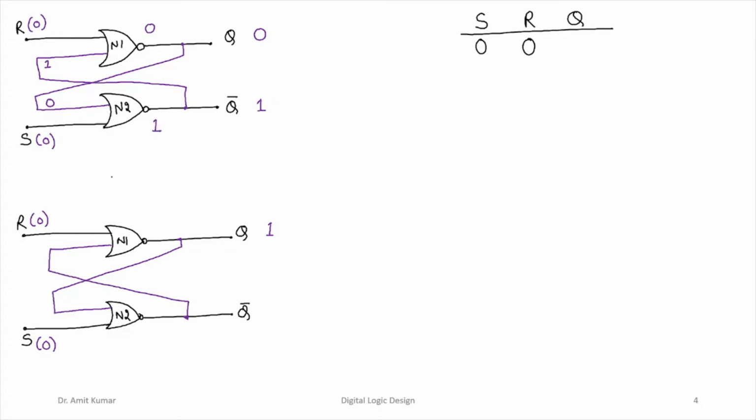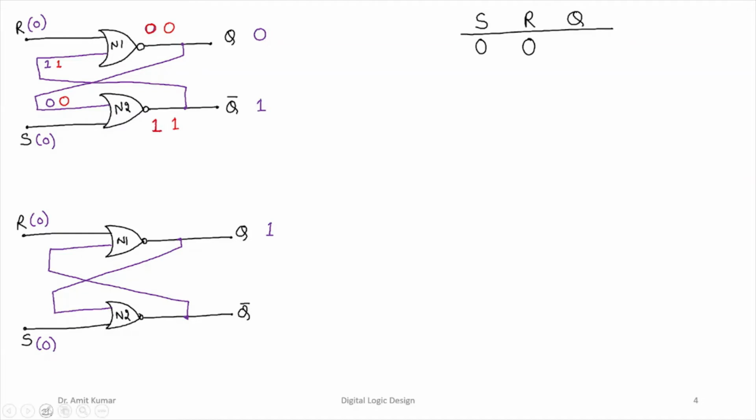From the feedback mechanism, this 0 will be made available to the input of this NOR gate. So 0 NOR 0 is going to be a 1, and 1 NOR 0 is going to be a 0.